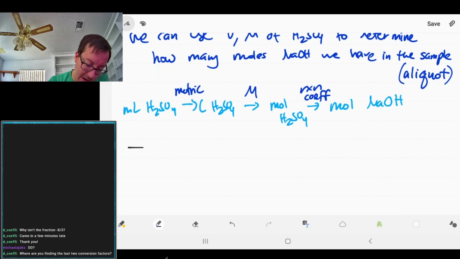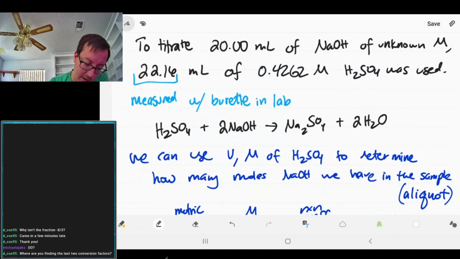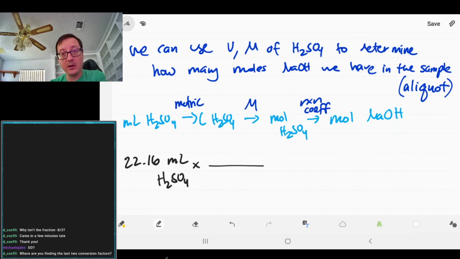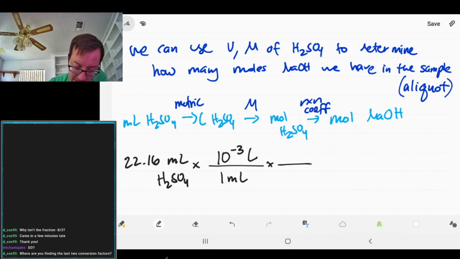We see that we have, I've already forgotten, 22.16. If we need this in liters, we're going to use our metric system prefixes. Same as before, we need milliliters to cancel out. Milliliters goes on the bottom. Notice again, by the way, all this stuff is still just unit conversion. That's all it ever is. That's all chemistry is about.